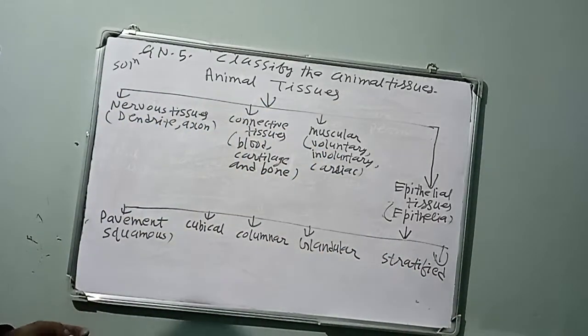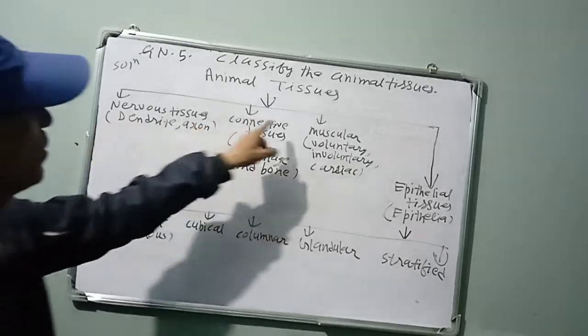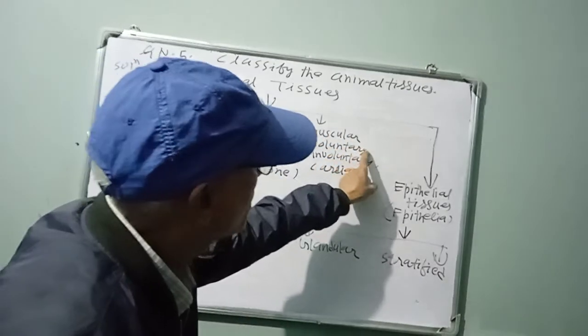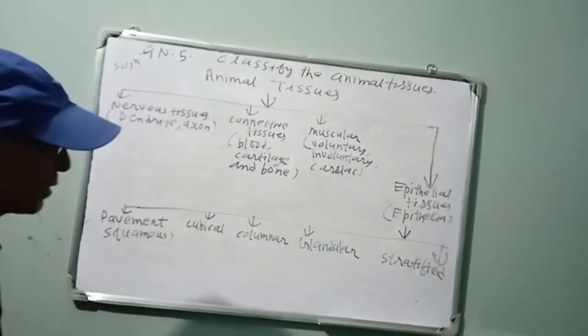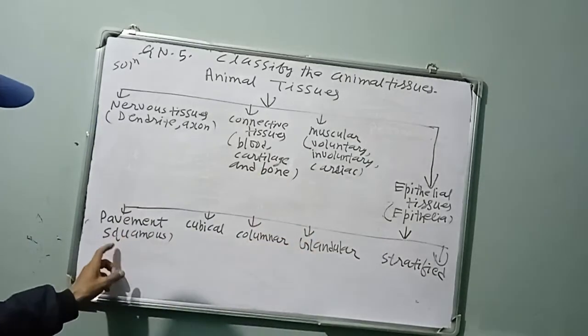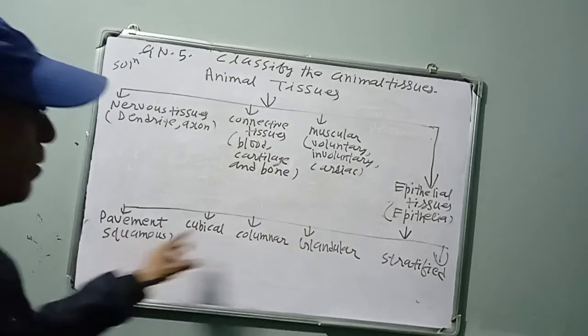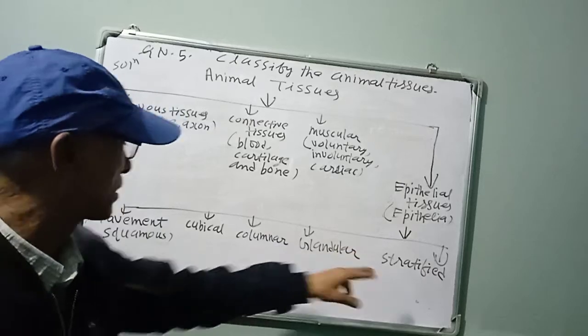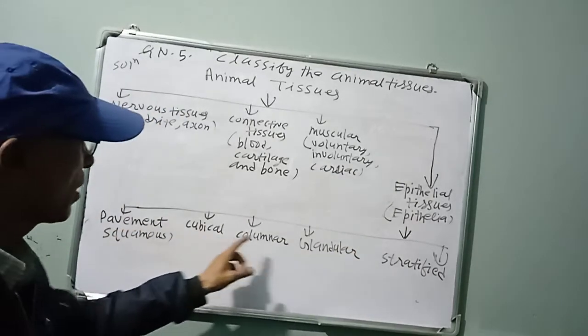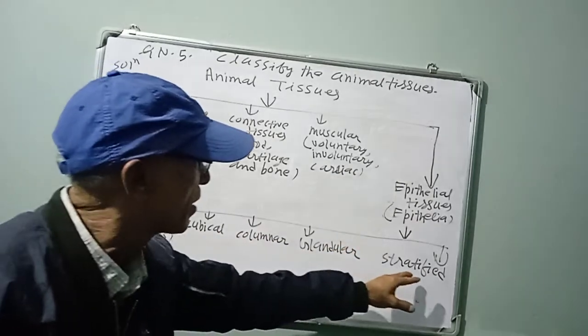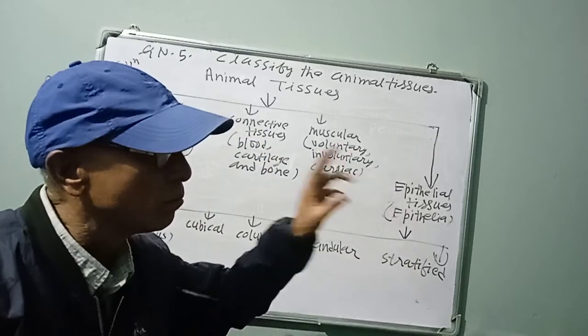Final, animal tissues: nervous tissue, connective tissue, muscular tissue, and epithelial tissue. Four types. Epithelial, again, simple and complex. Pavement, cubical, columnar, glandular. Single layered, stratified, multi-layered.